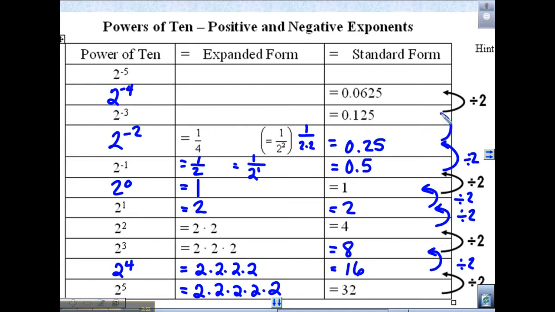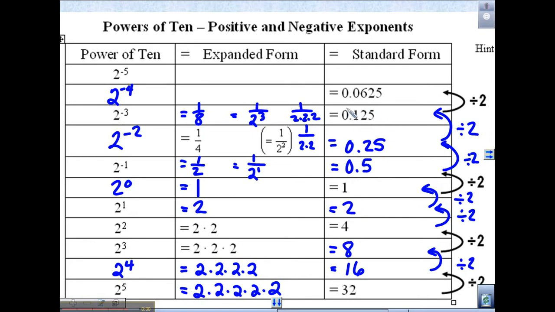Okay, continuing this pattern backwards, I'm going to take 0.25 and divide by 2. Dividing a 4th by 2 is the same as taking half of a 4th, which is 1/8. And 1/8 is the same as 1 over 2 to the positive 3 power. That's 1 over 2 times 2 times 2. All right?